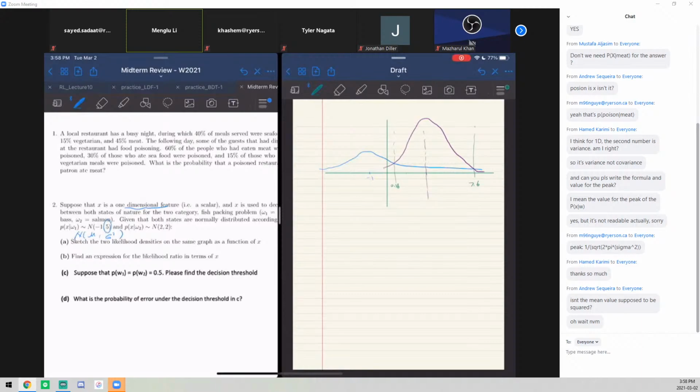Part D, what's the probability of error under the decision threshold in C? So we want to find the probability of error. That means we want to find the probability of being misclassified, multiplied by the prior probability. So we can write the equation like this.